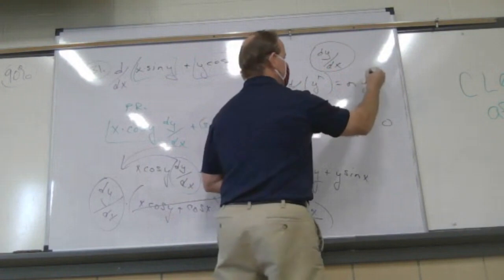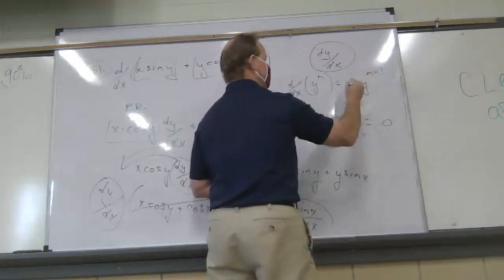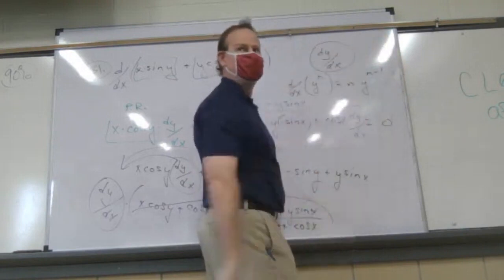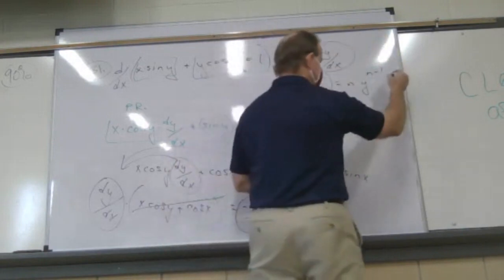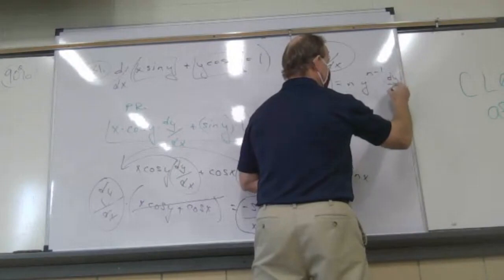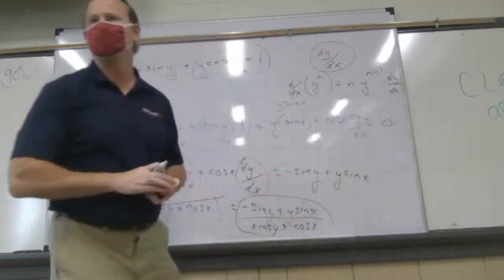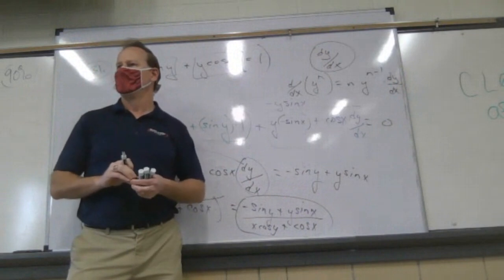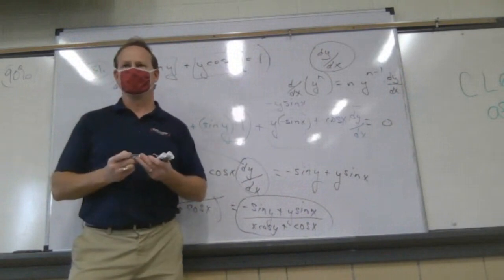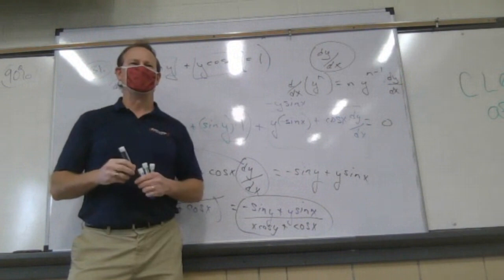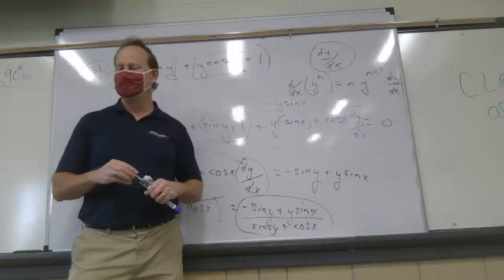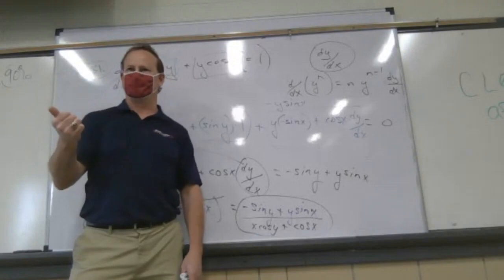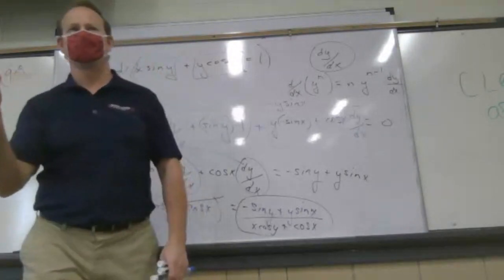We get n times y to the n minus 1 times the derivative of what's inside, which we could put y prime, but what are they writing it like in this section? dy/dx, right? Instead of y prime or f prime of x, we're writing dy/dx. But they're all different notations for the derivative. And what is a derivative again? Do we remember? It's the slope of the tangent line of a curve at a point. What else is it?